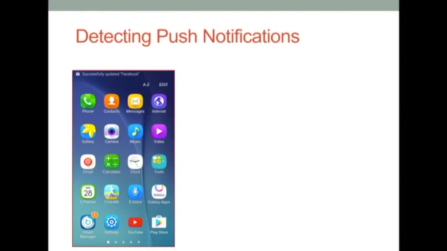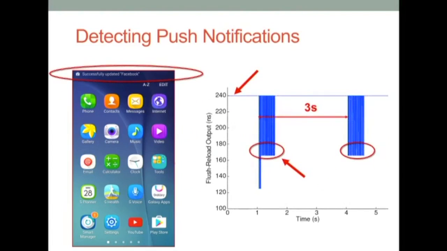We particularly show that using this technique, we can learn when a push notification arrives on the device, and then when it disappears. Using this information, we can try to infer users' private actions.